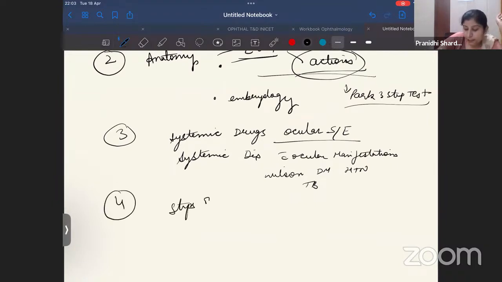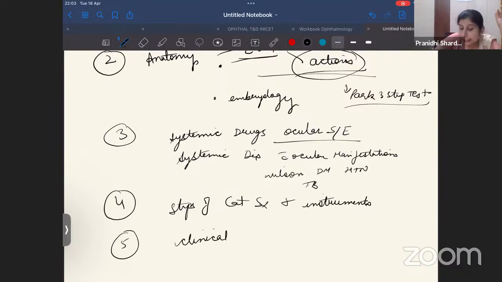Steps of cataract surgery, very, very important. In the surgery part, cataract surgery steps and its instruments. Okay. Also, some of the clinical aspects. Clinical aspects meaning the procedures.